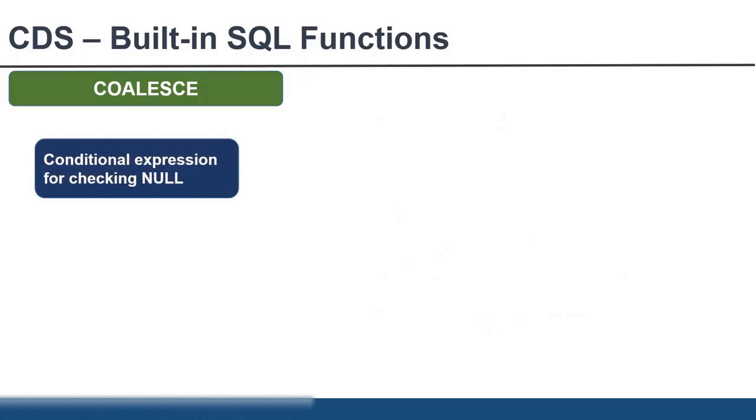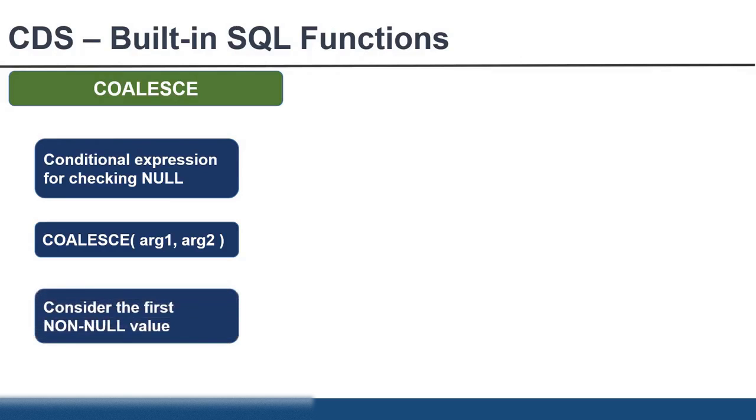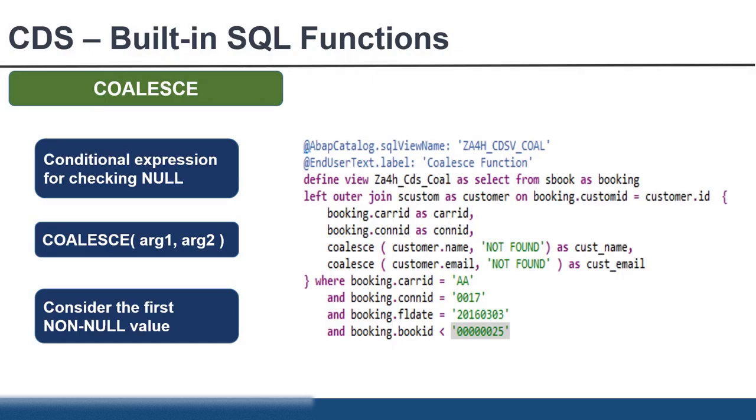Coalesce. It's a conditional expression for checking null value. It takes two parameters and considers the first non-null value. So out of the two parameters, it returns the first non-null value. An example, CDS using coalesce statement.